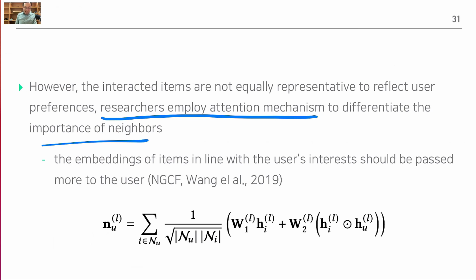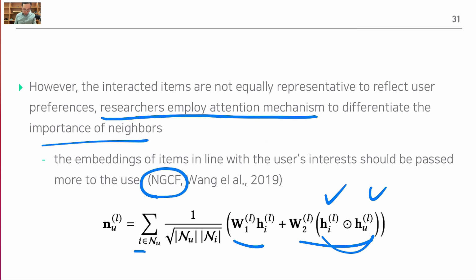So from that idea, another recent work considered a more complicated aggregation. So i is the neighbor node. This is the concatenation as far as I remember.